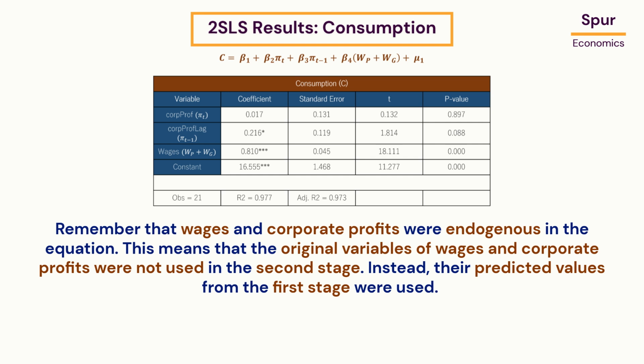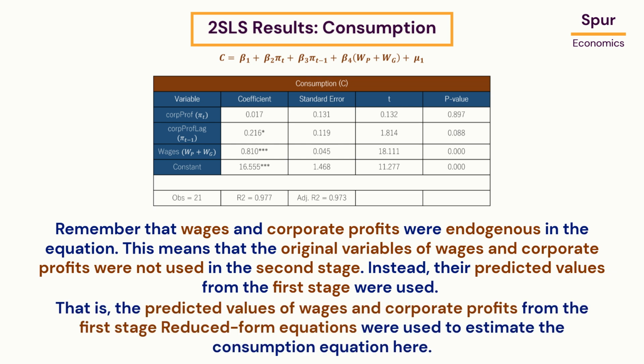Remember that wages and corporate profits were endogenous in the equation. This means that the original variables of wages and corporate profits were not used in the second stage. Instead, their predicted values from the first stage were used. That is, the predicted values of wages and corporate profits from the first stage reduced form equations were used to estimate the consumption equation here.